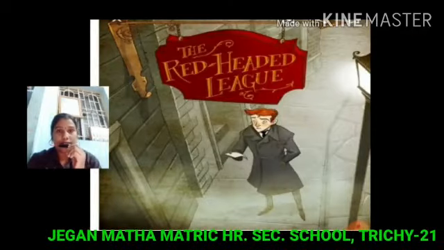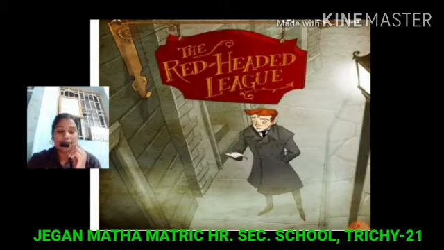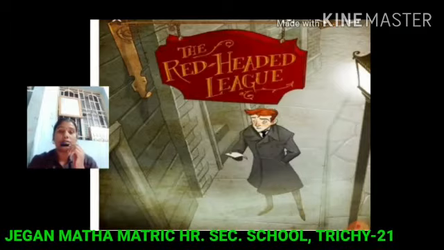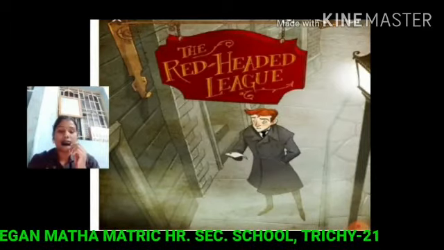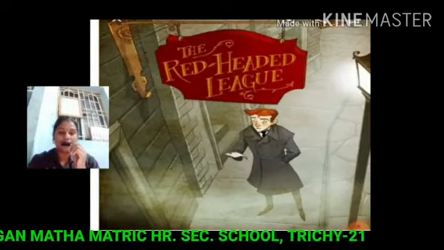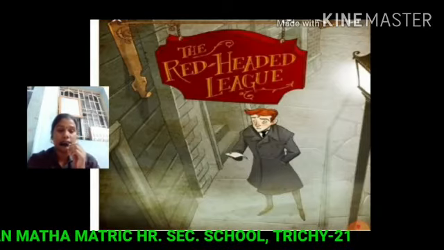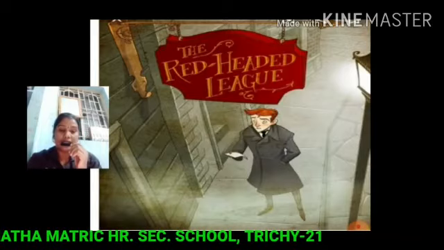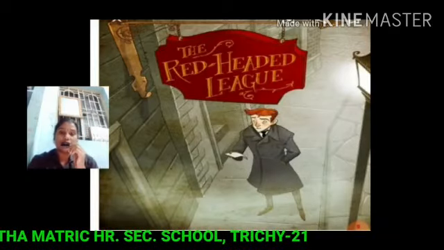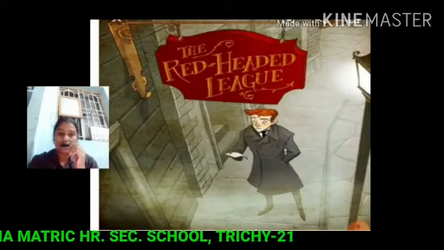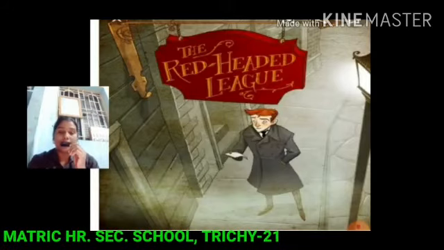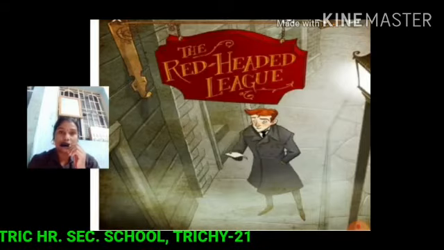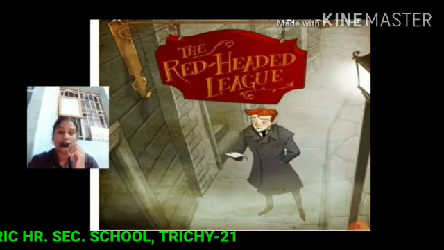It first appeared in the Strand magazine in August 1891 with illustrations by Sidney Paget. Conan Doyle ranked The Red-Headed League second in his list of his 12 favorite Holmes stories.